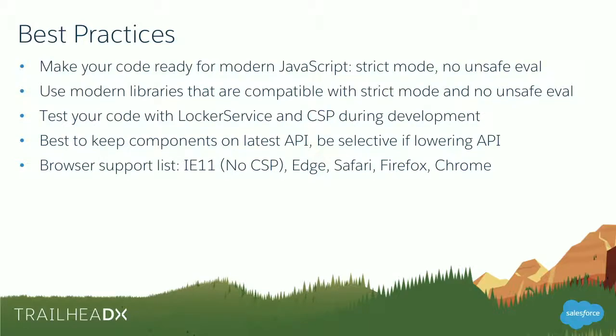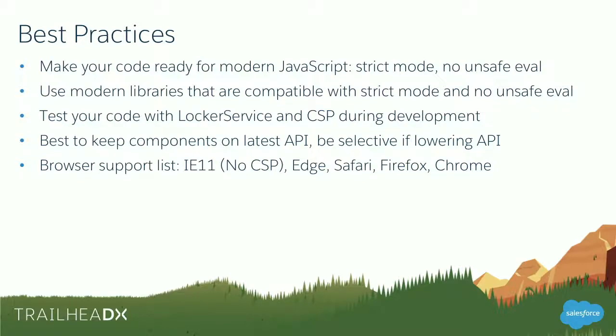Some of the best practices to think about when you develop code: you want to make sure you're making your code ready for modern JavaScript. Strict mode: without Locker Service, the developer would have to explicitly say to use strict. With Locker Service, it's always turned on. No unsafe eval allowed.